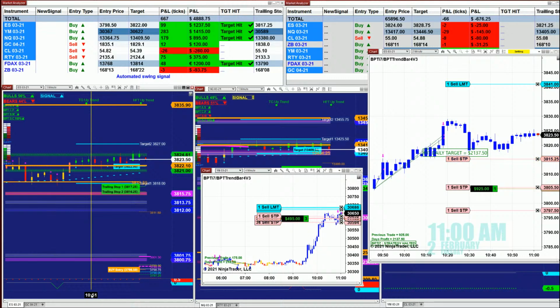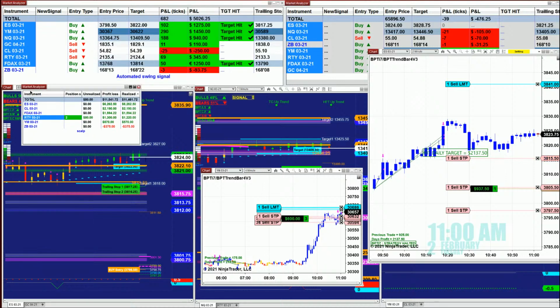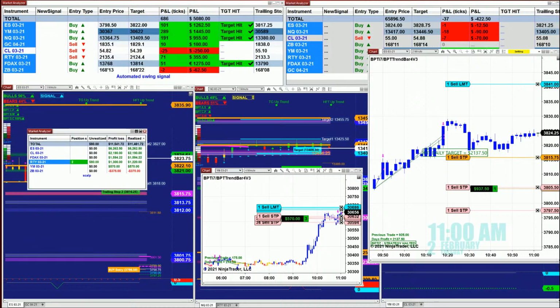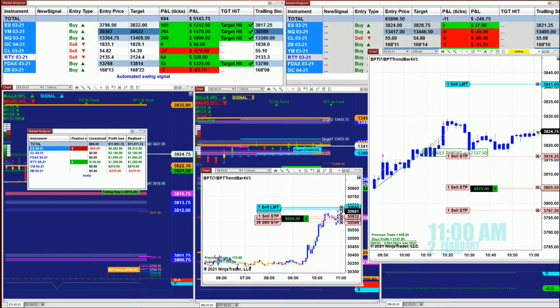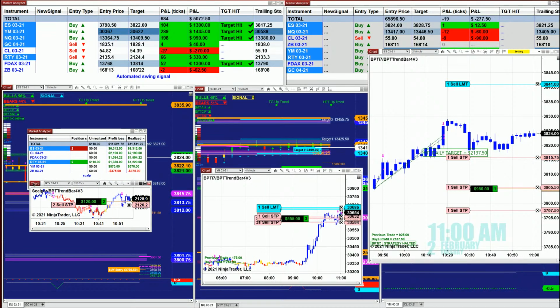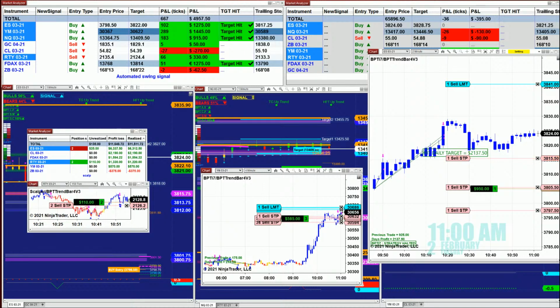On the scalper we are using, we have one trade on the YM, and it just finished. No, I'm sorry, on the Russell. On the Russell, we have a trade, and we have an ES trade as well.